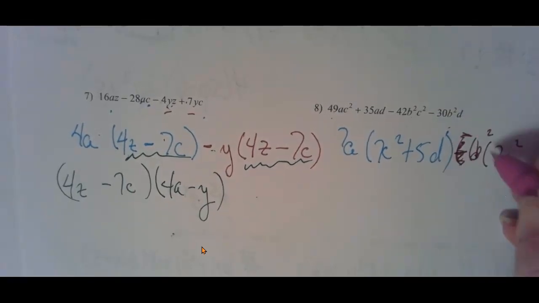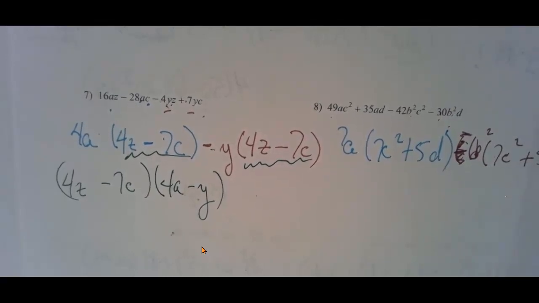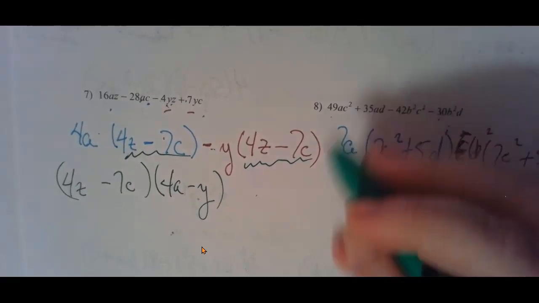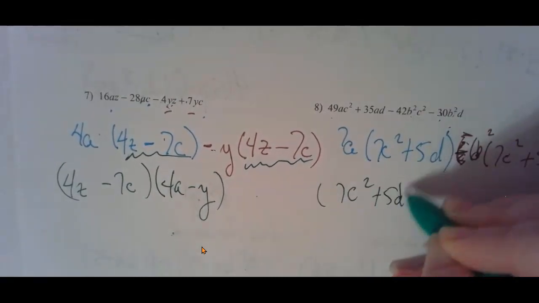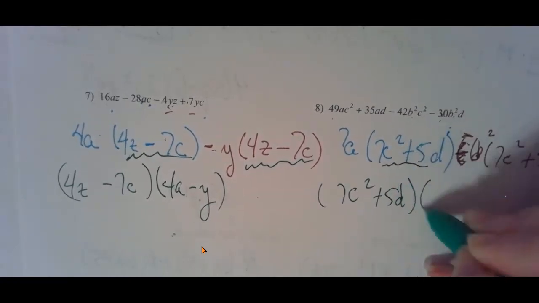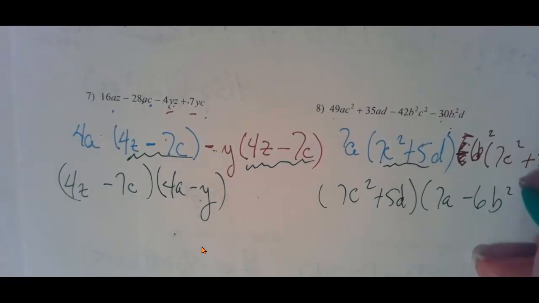A negative divided by a negative leaves me with a positive. 6 goes into 30 5 times. B squared divides out, leaves me with D. Not an A, D. So then I have 7C squared plus 5D times 7A minus 6B squared.